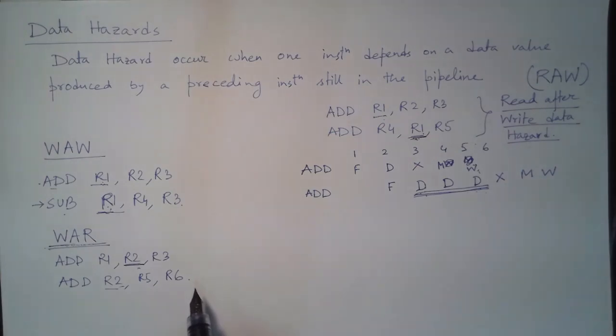So basically you are writing this value R2 after you have read this value in the previous instruction.